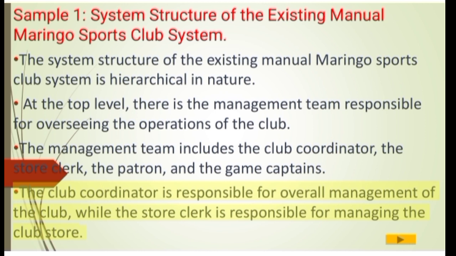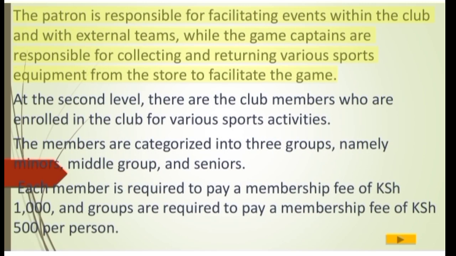The club coordinator is responsible for overall management of the club, while the store clerk is responsible for managing the club store. The patron is responsible for facilitating events within the club and with external teams, while the game captains are responsible for collecting and returning various sports equipment from the store to facilitate the game.